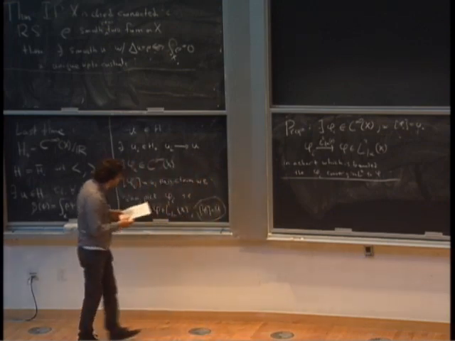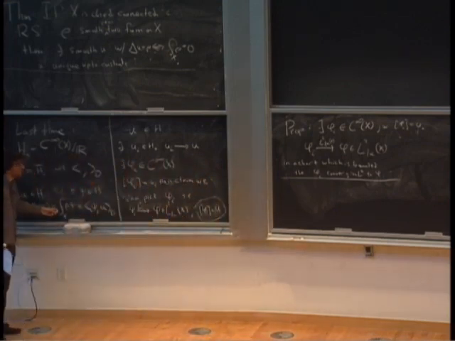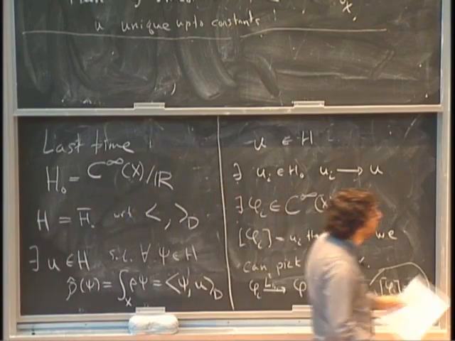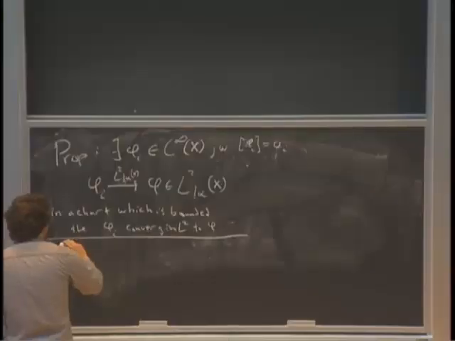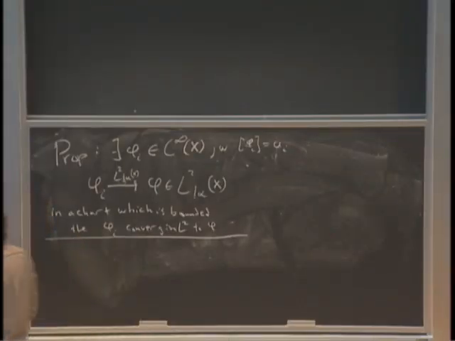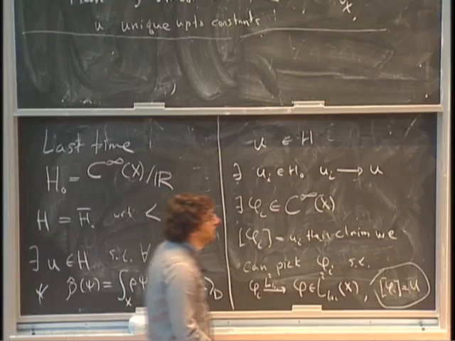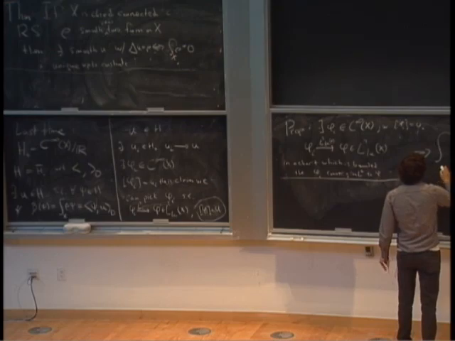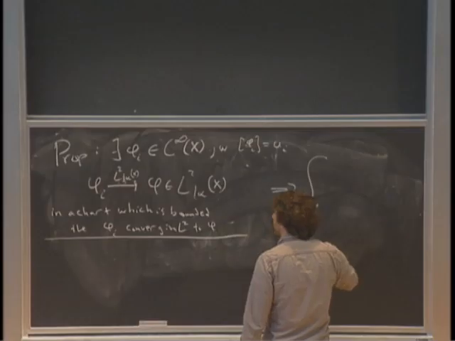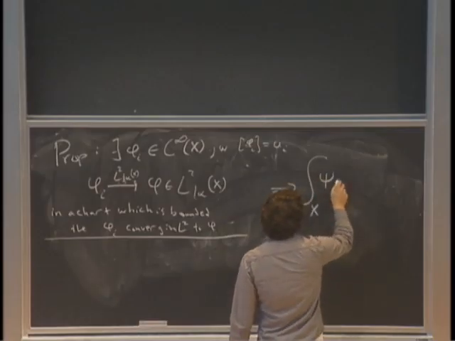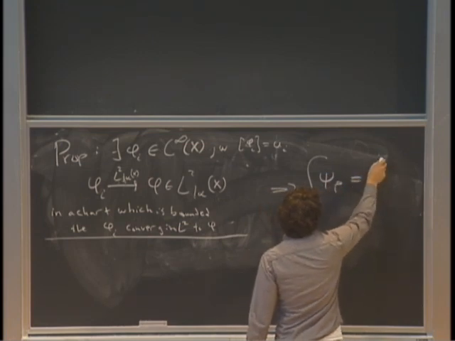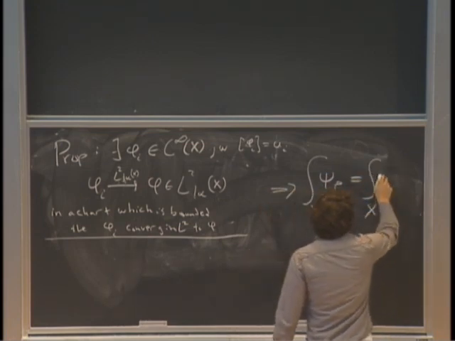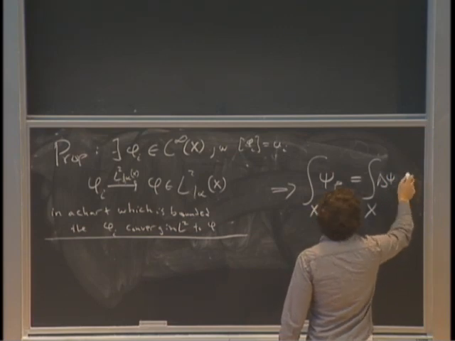But then the upshot of all of this is, if we go back to what this means, this phi is supposed to represent U, and so we interpret this identity star. The implication is that now phi is this genuine function that's locally in L2, and that if you integrate over X of psi against rho, that's equal to the integral over X of the Laplacian of psi times phi.